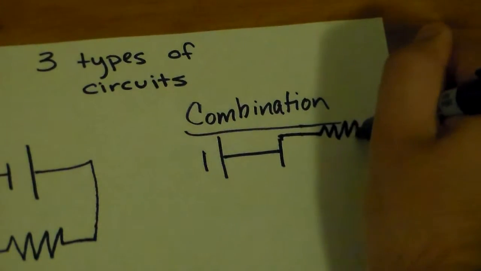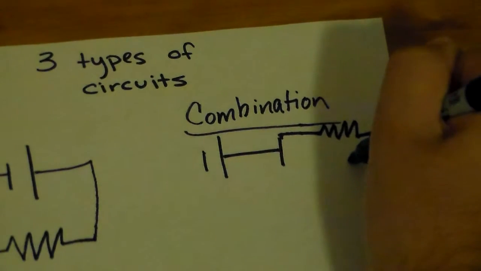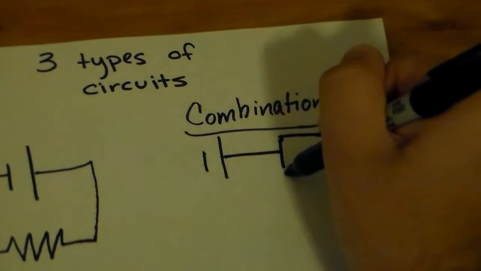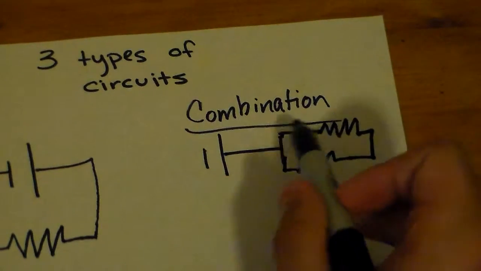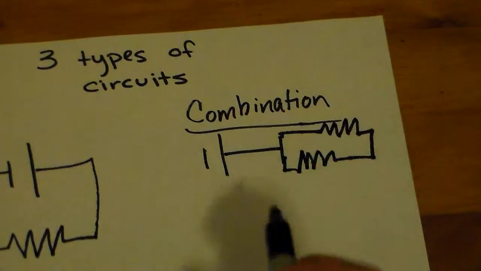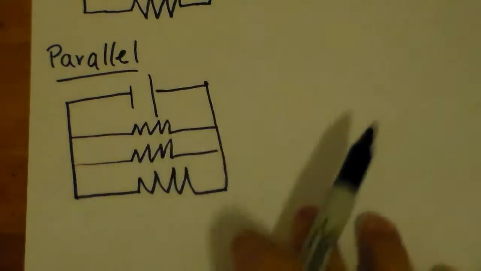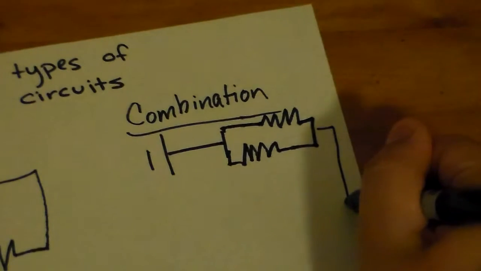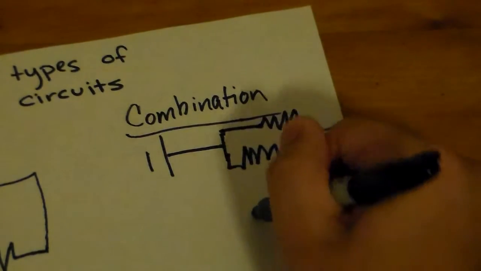Then you would draw a resistor up here, go over, go down, finish the box here, and go up. This would be the parallel part of it, as you can see, because it makes that box. Then you would go down here. This would be the series part of it.